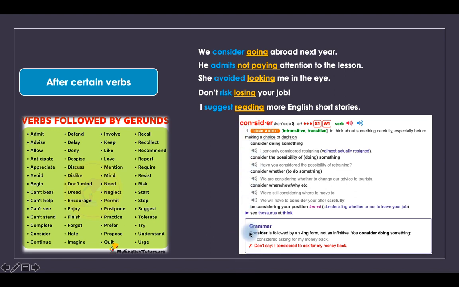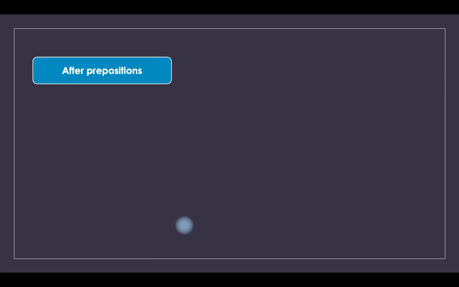Consider is followed by an ing form, not an infinitive. Consider doing something. So in any good dictionary, you can find the information about gerunds and infinitives. Just you should know about it. Okay, what are some other cases?